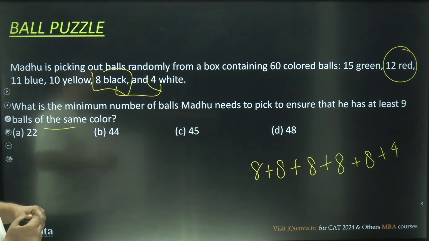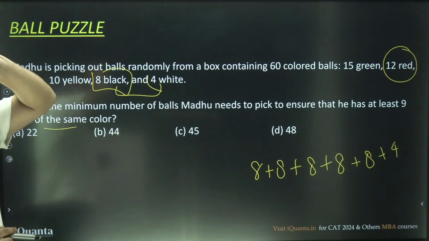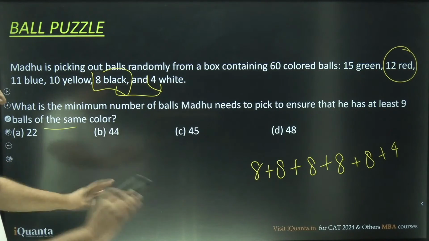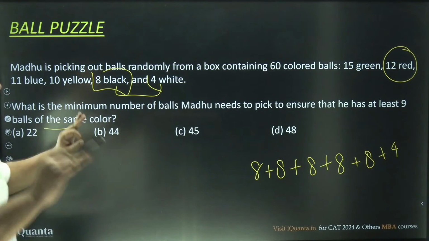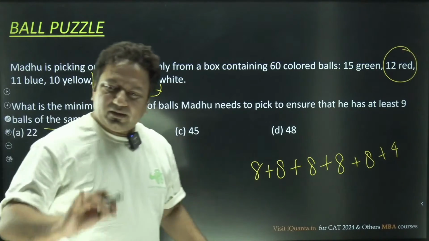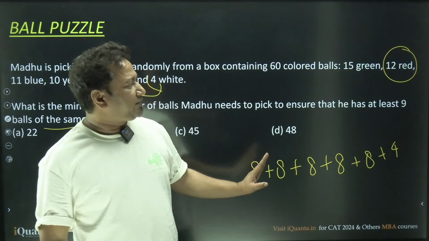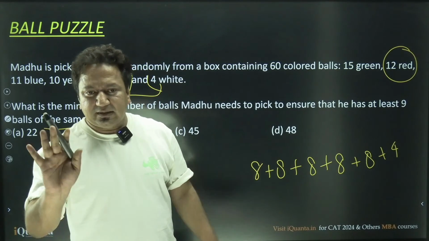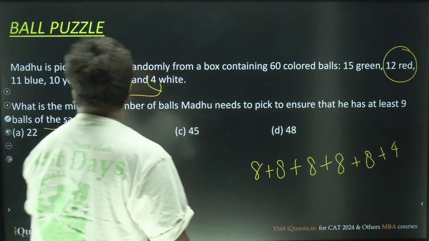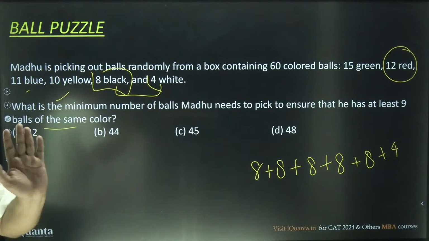Basically I have to pick 8 balls if possible from all the colors, and all the balls that are less than 9 in number. Once I have done that, what is the worst that can happen to me? The worst that can happen is that I have 8 green, or 8 red, or 8 blue, or 8 yellow. Leave out black and white, they are less than 9.